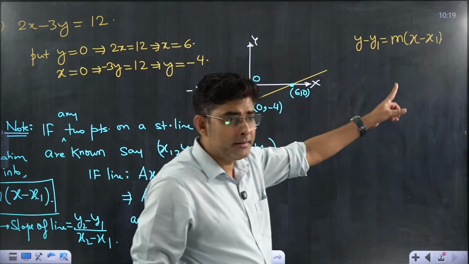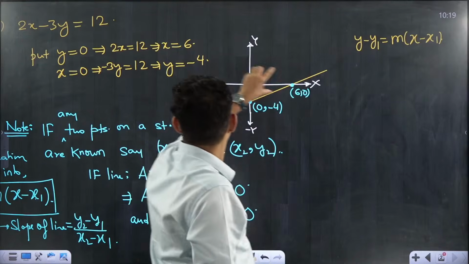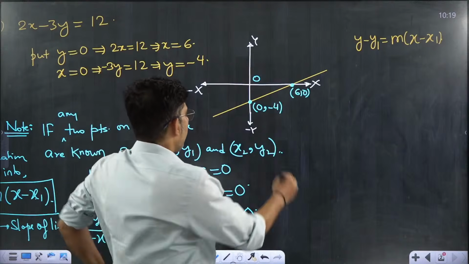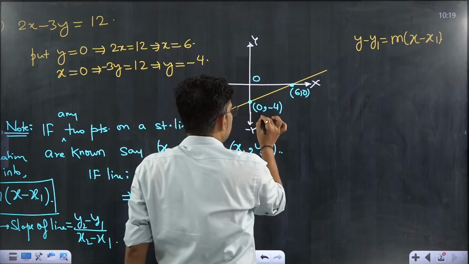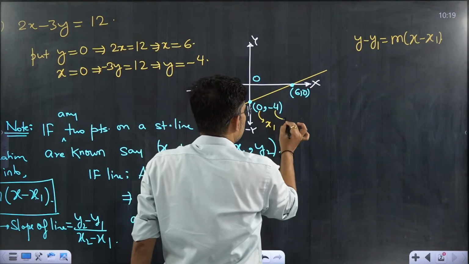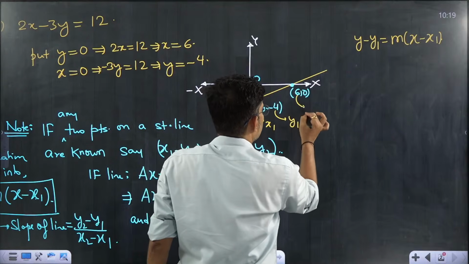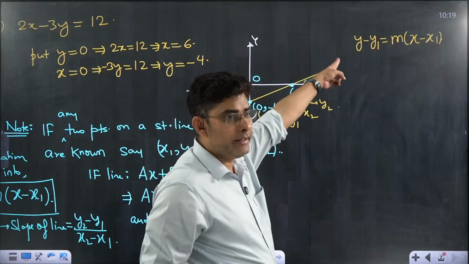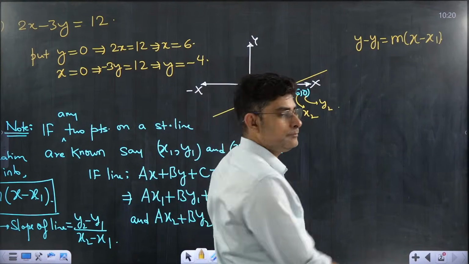Let's try to cross check whether this equation will give me this or not. Suppose I take this one as x1 and this one as y1 and this one as x2 and this one as y2. Let's try to write it in the form I said here.